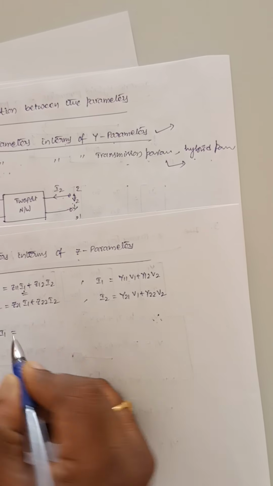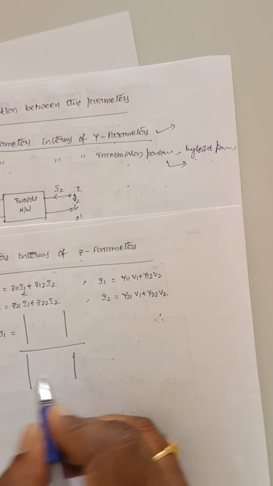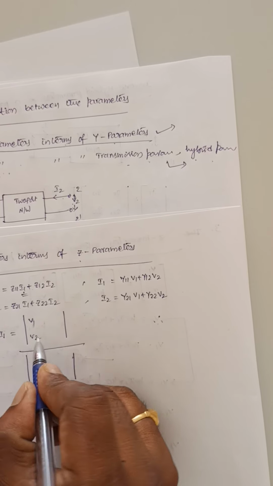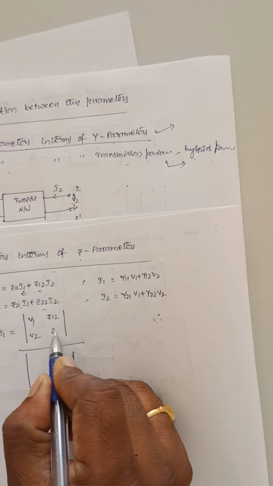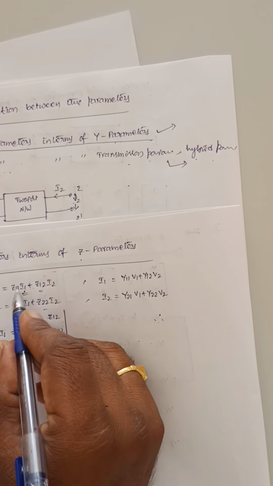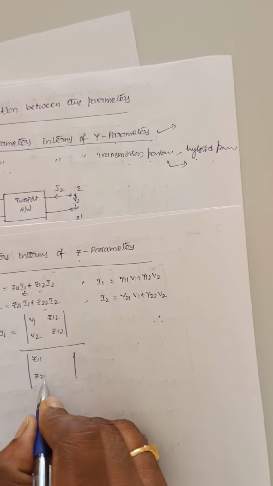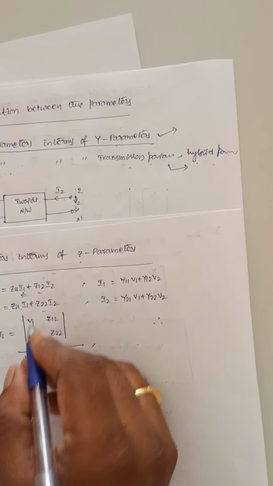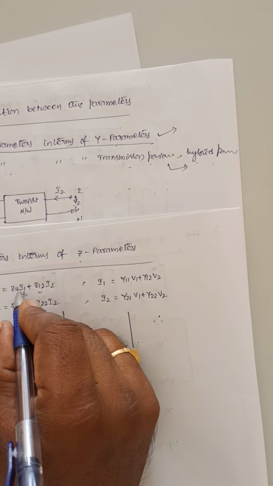I1 is equal to this determinant: write V1 and V2 in the first column and the same second column, that is Z12, Z22, divided by the determinant of the Z matrix, that is Z11, Z21, Z12, Z22.